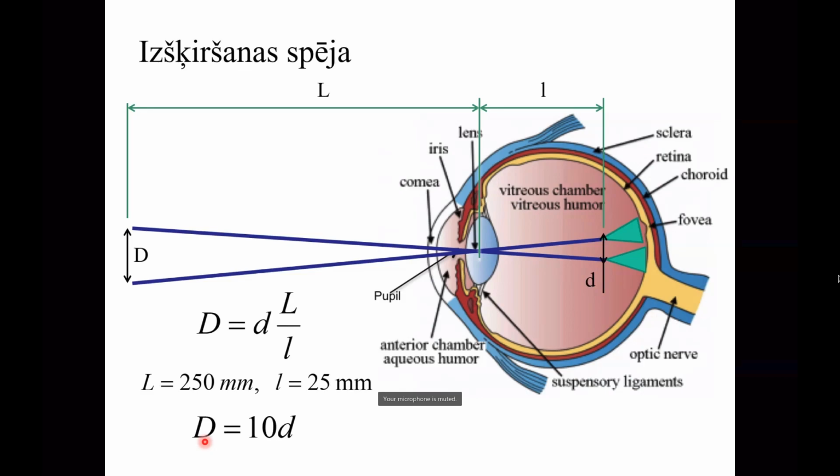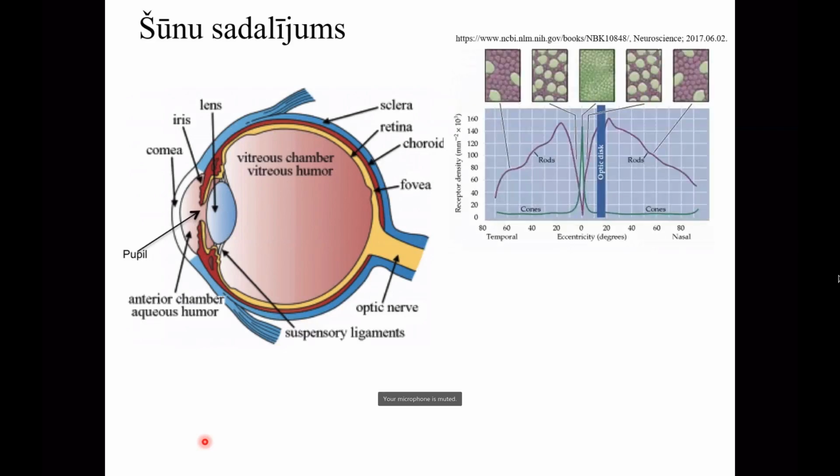So now we go to identify the distance between the cells. For this we need to have the information about the distribution of the cells. So have a look at this diagram. This is the distribution, the density actually, of the rod cells, and the green line, the distribution of the cones over this surface, in dependence on the azimuth angle.